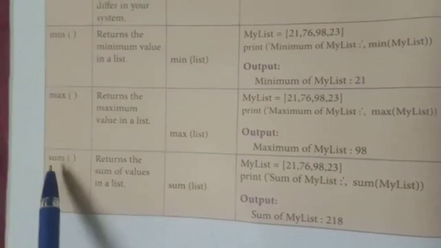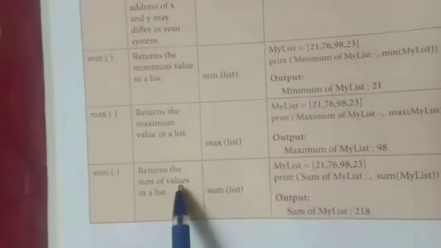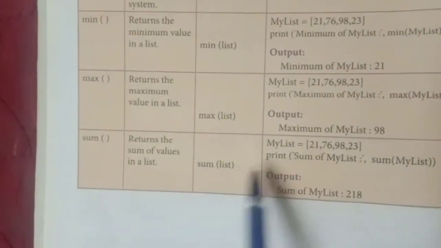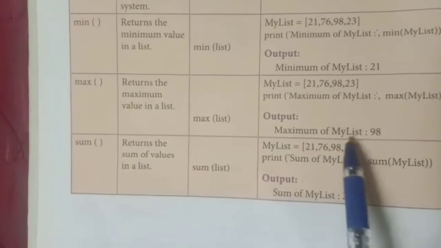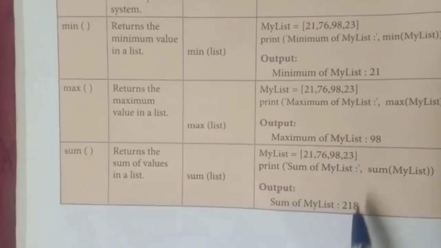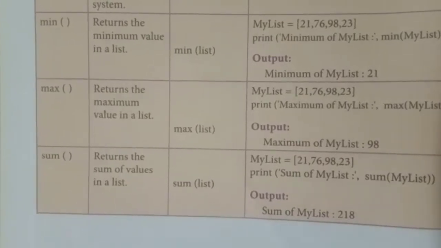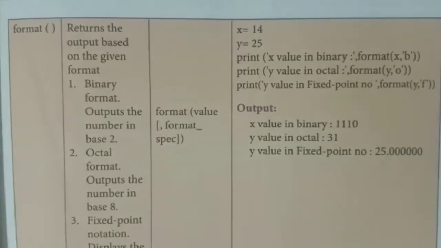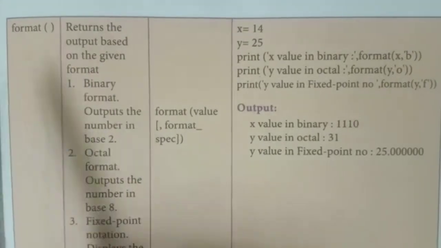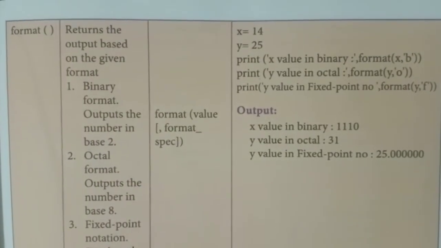The next one is sum. It returns the sum of values in a list. So in a list, if you have 4 values, all the 4 values will be totaled and the total of those 4 values will be displayed. This is the sum function. Next one we have is format. It returns the output based on the given format.